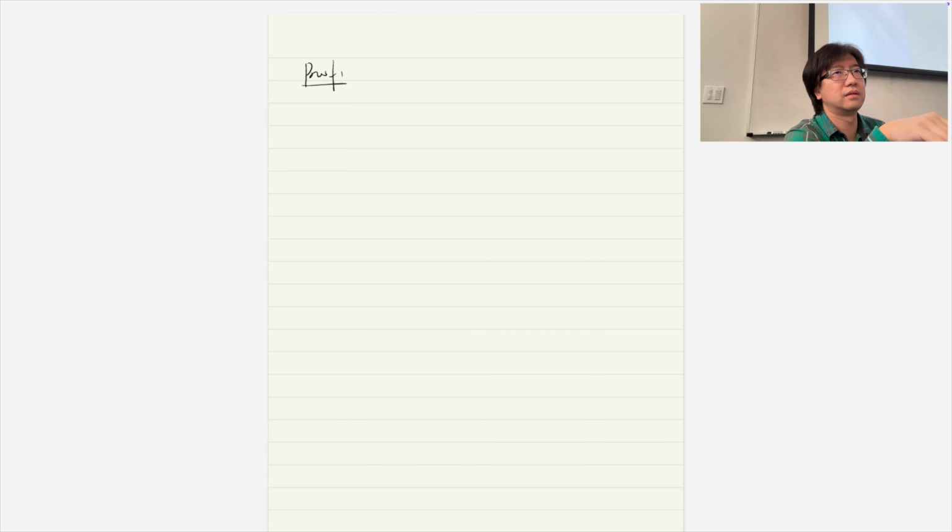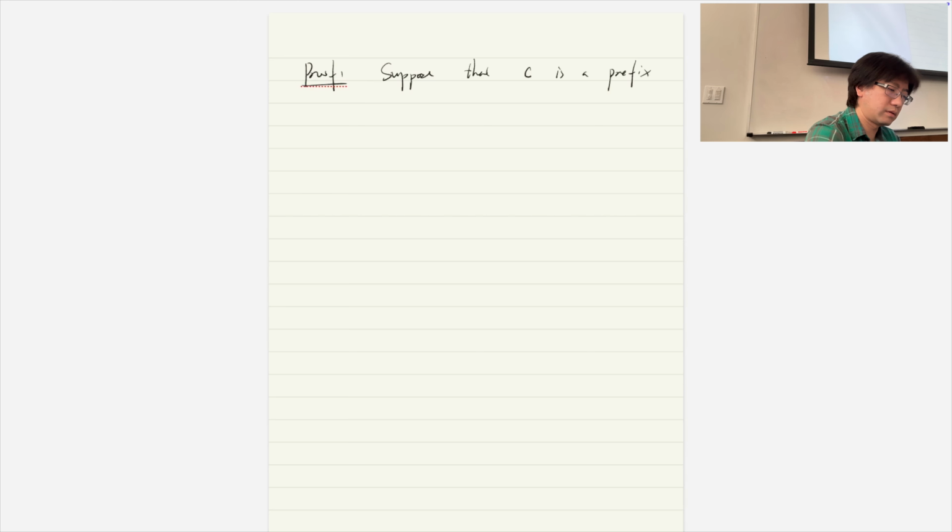Does that make sense? Suppose that C is a prefix of C prime, so C is a prefix of some other code word.